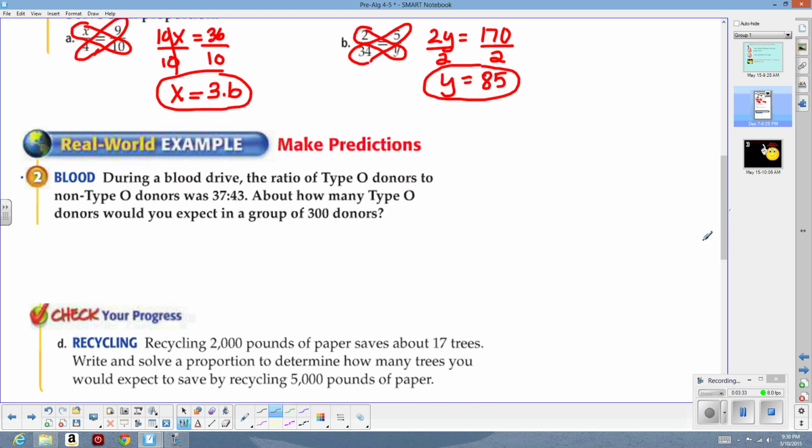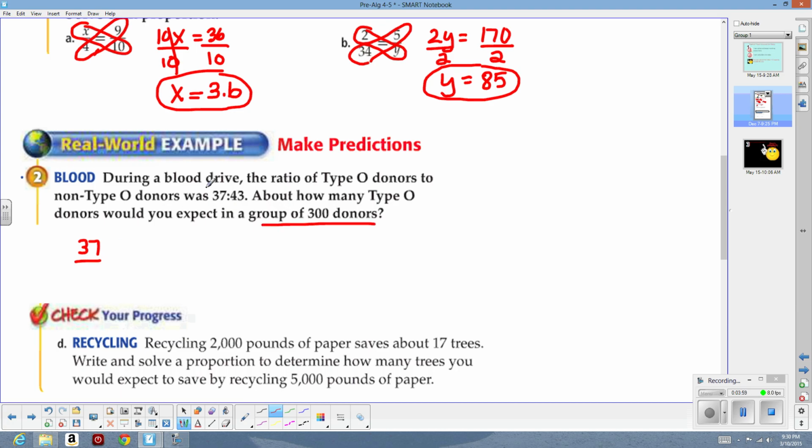You can also use proportions to make predictions. So during a blood drive, the ratio of type O donors to non-type O donors was 37 to 43. About how many type O donors would you expect in a group of 300 donors? So type O is 37 to 43 that are not, but we don't want to compare to how many are not. We want to compare to total donors.